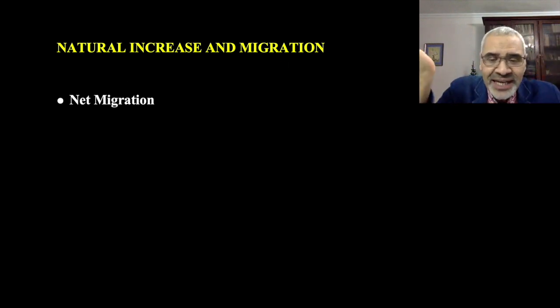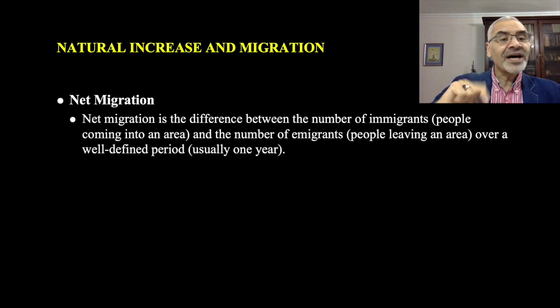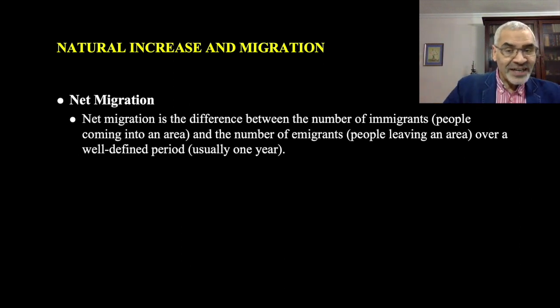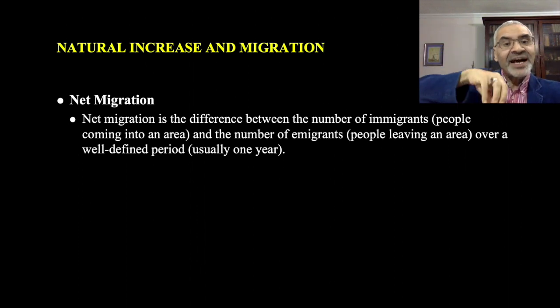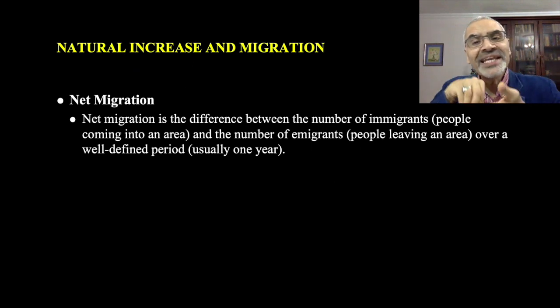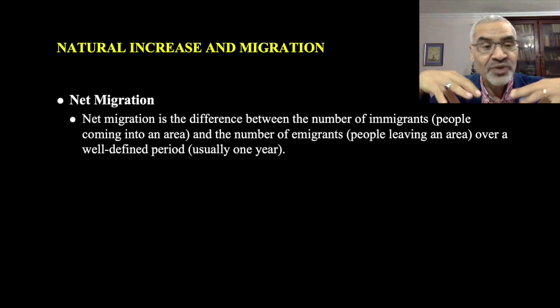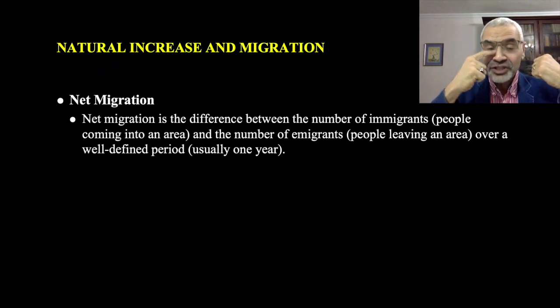So how can we define net migration? Net migration is the difference between the number of immigrants, people coming into an area, and the number of emigrants, people leaving an area, over a well-defined period, usually 1 year. This is the definition of net migration.